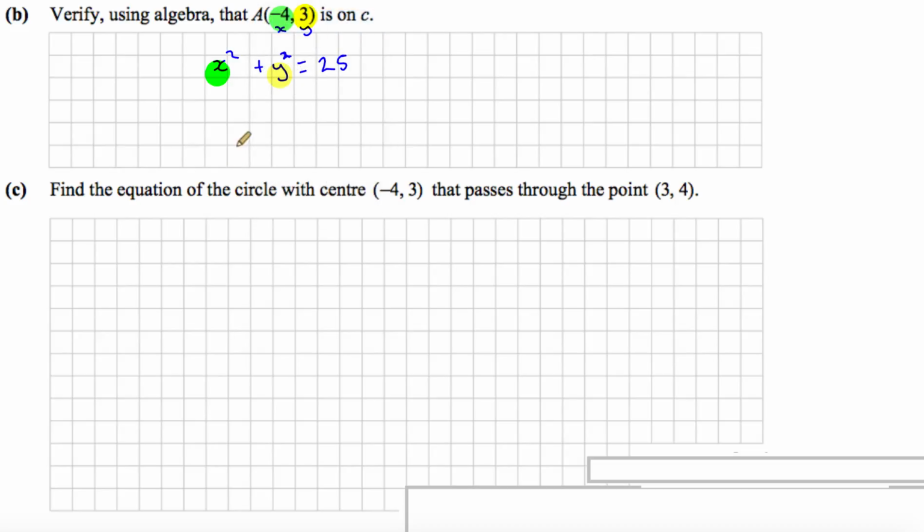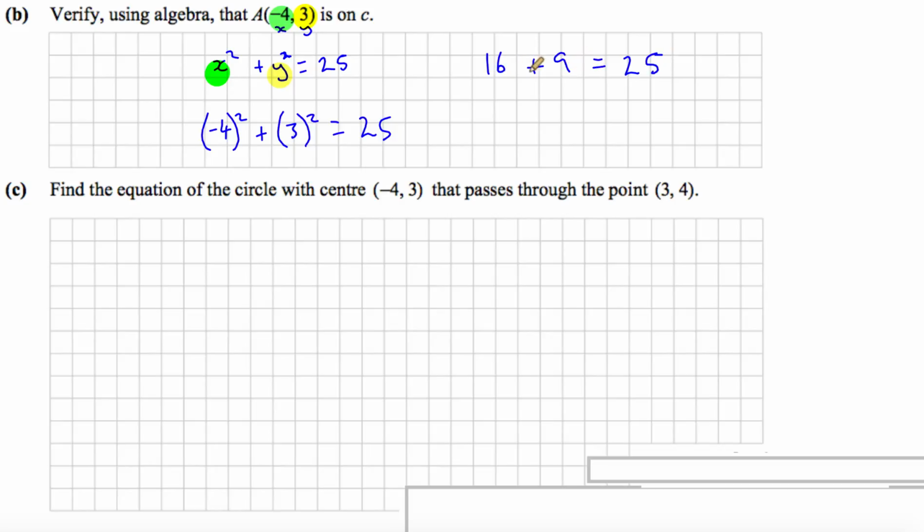So when you're substituting values in, always protect them with brackets. So it'll be minus 4 squared plus the value 3 squared, and we're seeing does that give us the right hand side, which is 25. So minus 4 all squared, that will give us 16, plus the 3 squared, which is 9, and is that 25?